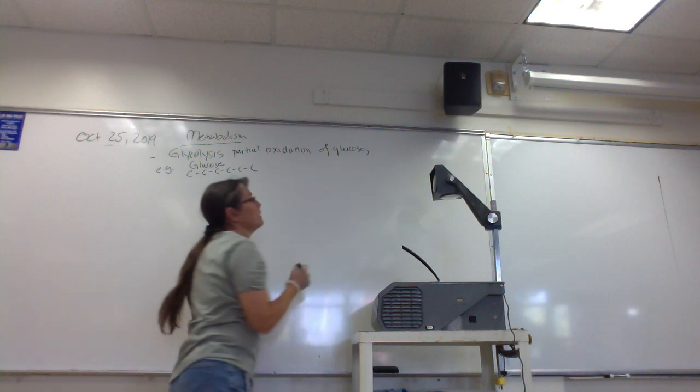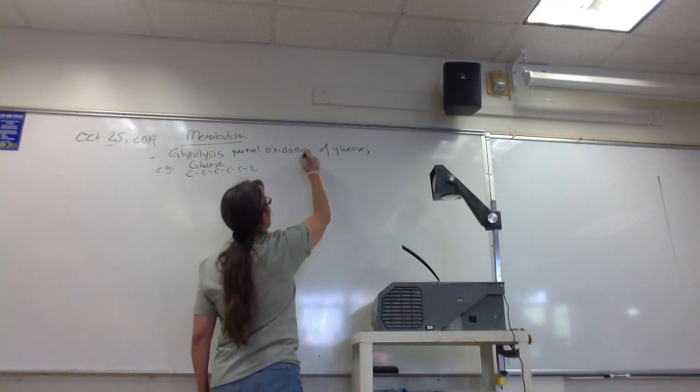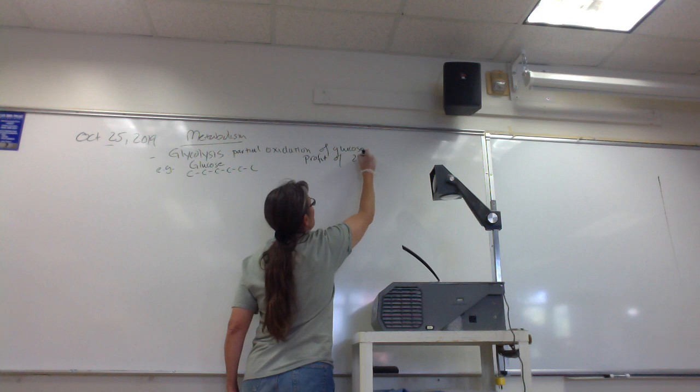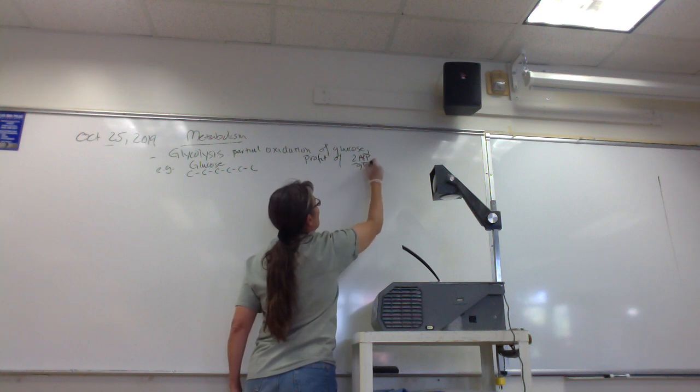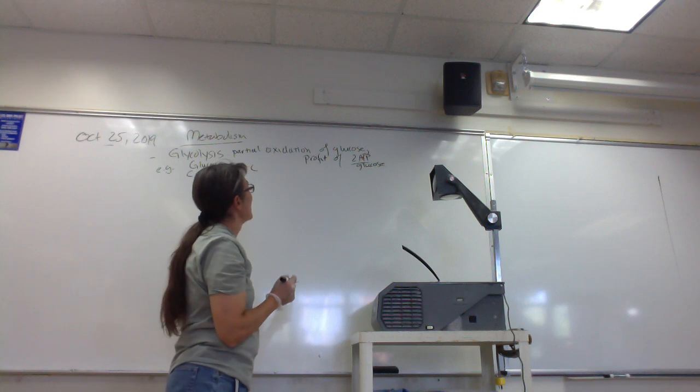We're going to get a little bit of ATP production. So we're going to get a profit, so-called, of 2 ATP per glucose by substrate level phosphorylation. Right?